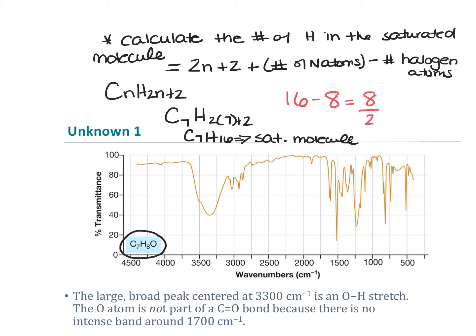I divide that by 2, and that tells me my index of hydrogen deficiency is 4. That means we're going to have some sort of unsaturation element, such as double bonds or a ring. So I know this going into this structure.